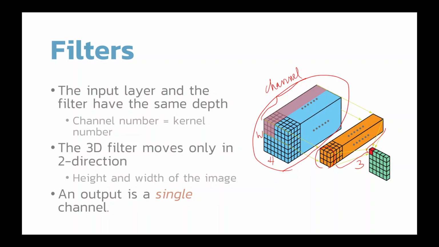Once you do the convolution operation, you end up with just a layer like this. That's how you should visualize the operation in the CNN: a 3-dimensional block, with a filter that is also a 3-dimensional block, ending up with just 1 layer. That's for 1 set of filters.